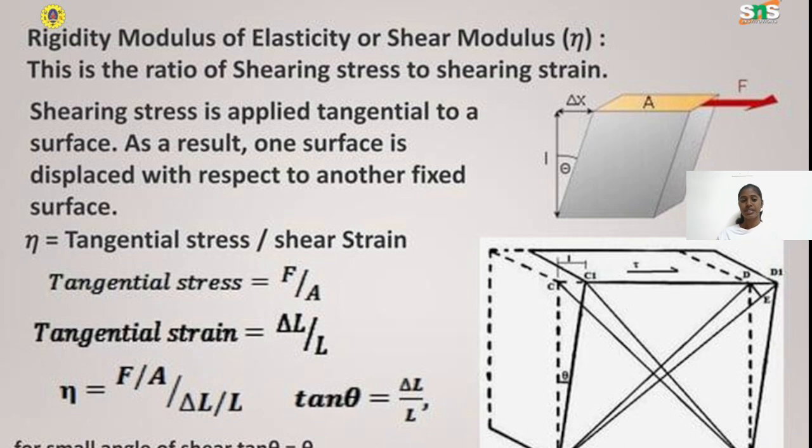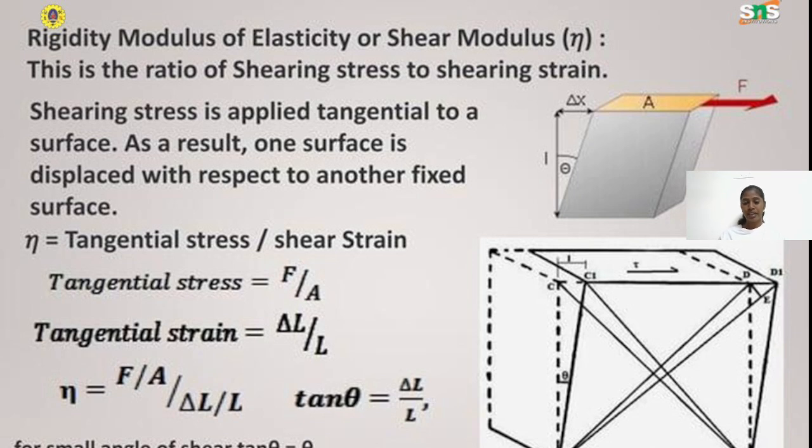The tangential strain is del L by L, where L is the original length of the body and del L is the change in length. After the application of stress, the change in the material is the strain.